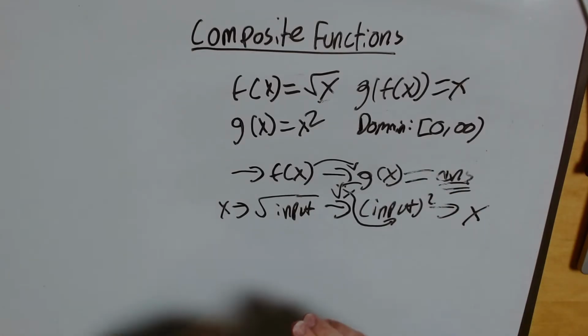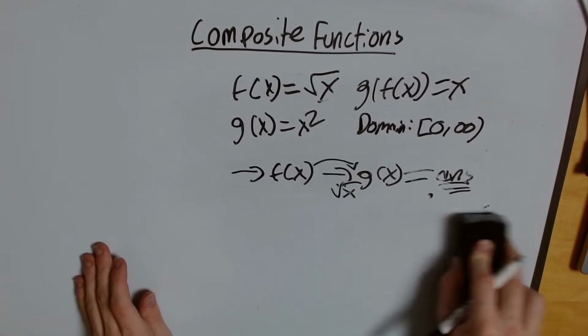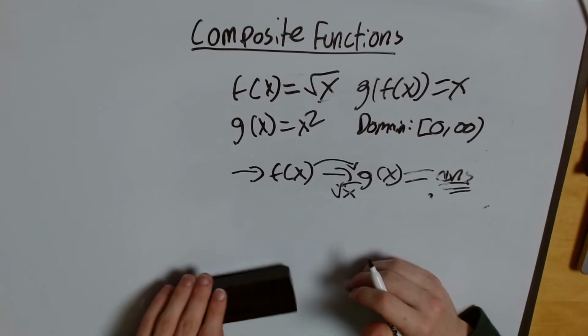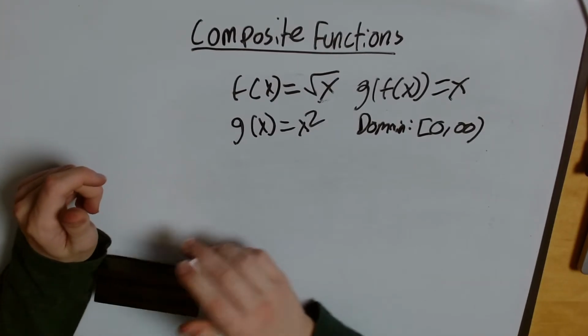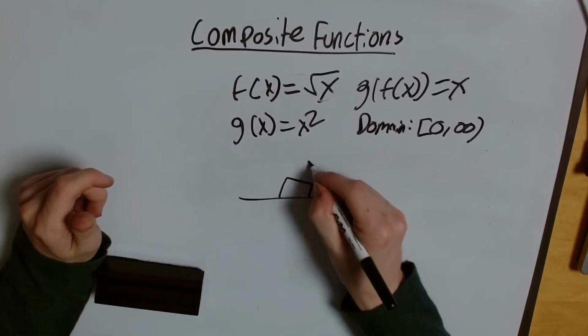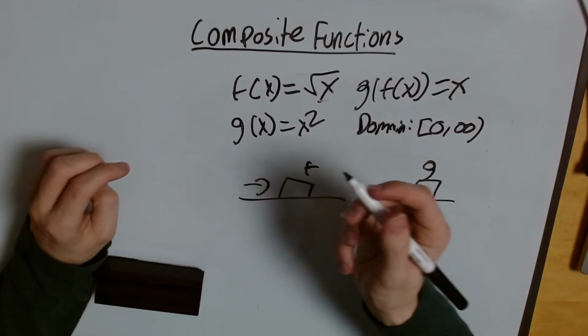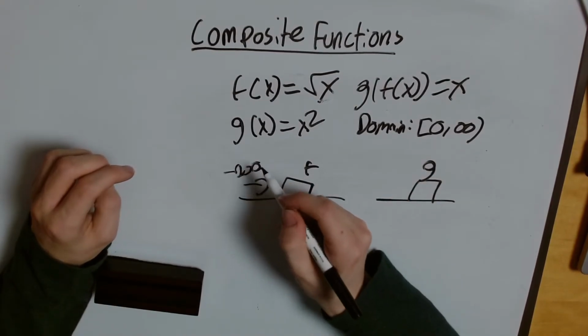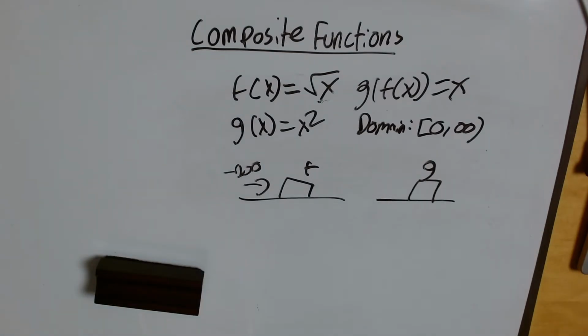Well, if we go back to thinking about functions as machines, right? If we plug in something that the first machine won't allow, in this case a negative number, this first machine breaks, it explodes, it catches fire, things go crazy.